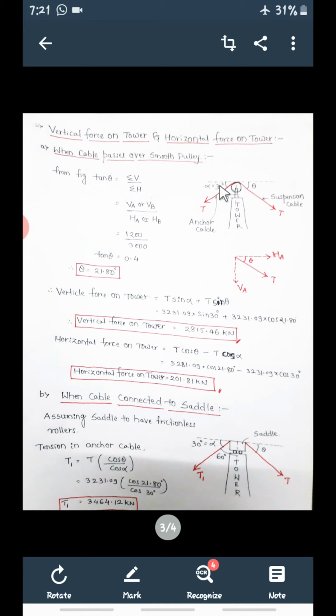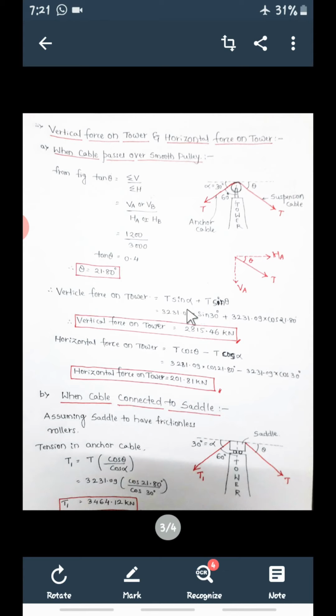So T sine alpha, and what is the component of this along vertical? T sine theta. Both are acting in the downward direction, the same direction, so it is plus. We are calculating only the vertical force. The vertical force on the tower is equal to T sine alpha plus T sine theta.